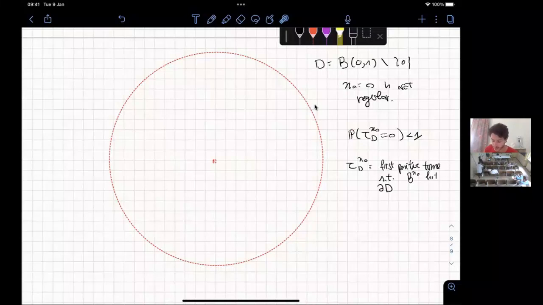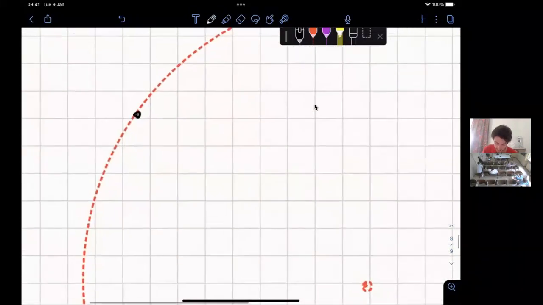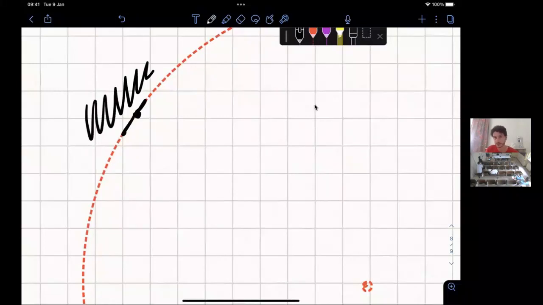It's not so easy to explain why, but this should be the case. For instance, starting from a point here, one can prove that the probability of leaving and remaining on the boundary or outside the domain is equal to 1.